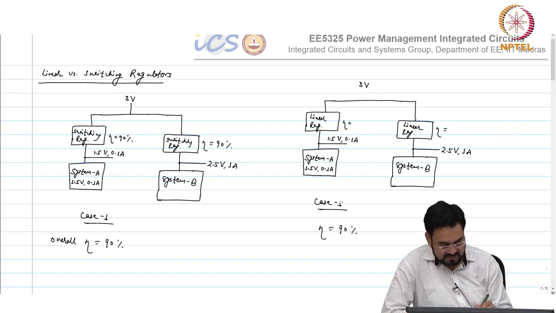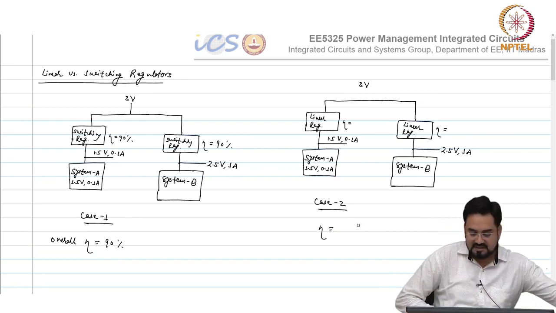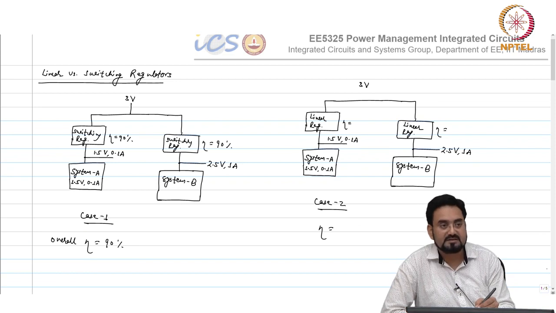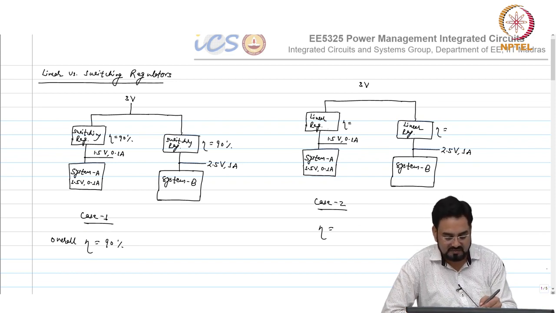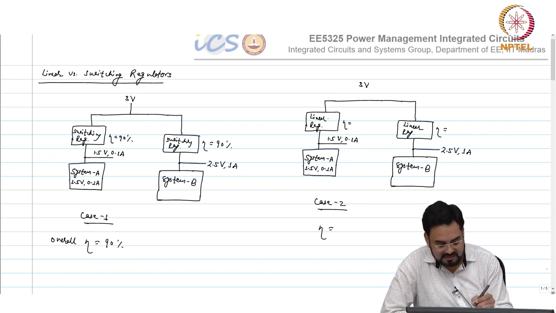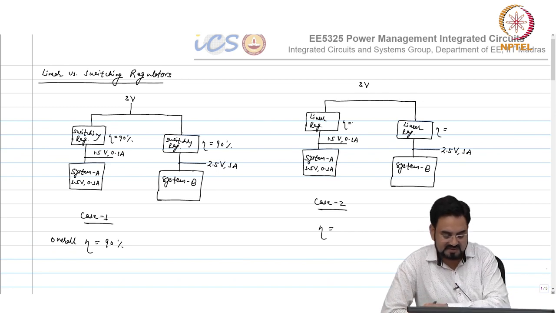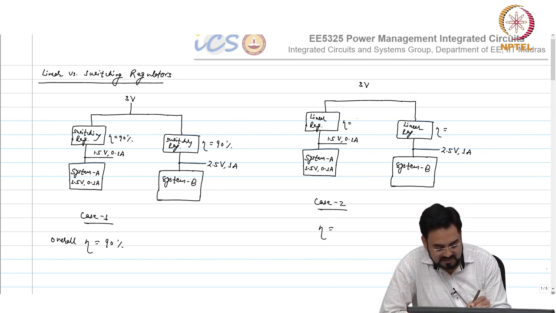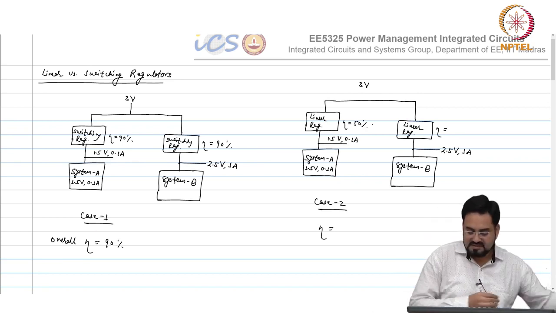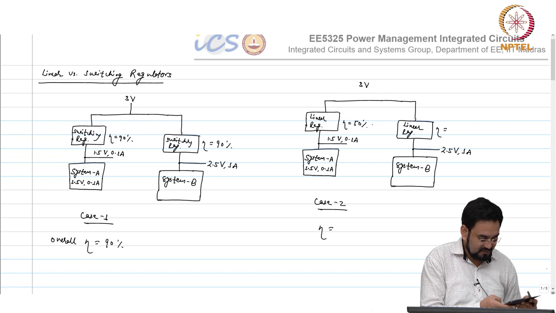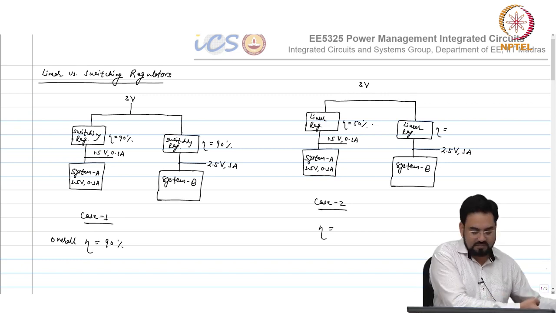So I will delete this, and this is your case 2. The efficiency here is 50% because we are dropping 1.5 volt, and efficiency is nothing but Vout over Vin. So this is 50%. Efficiency in this case is 2.5 over 3, 83.33%.